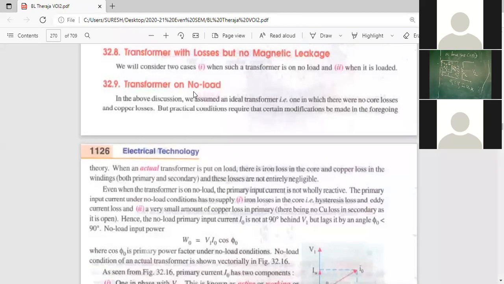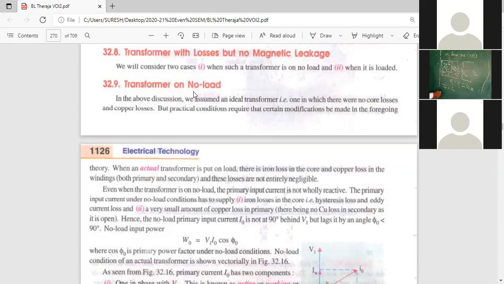I naught is equal to no load current. IE is equal to exciting current. Sometimes in some textbooks they will represent it as IE, in some textbooks as IW.